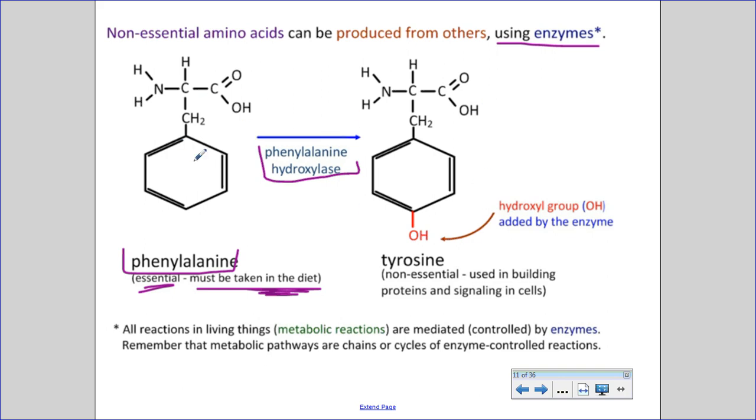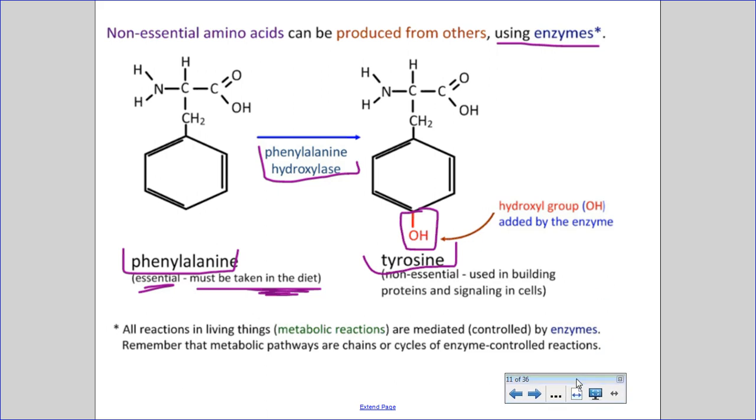So the only difference between phenylalanine and tyrosine is that there is an addition of this hydroxyl group on this phenyl group. So phenylalanine hydroxylase will add this hydroxyl group on. And this hydroxyl group now placed onto this phenyl group is called tyrosine.